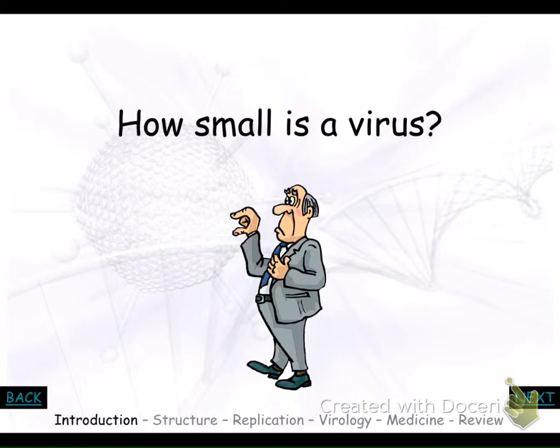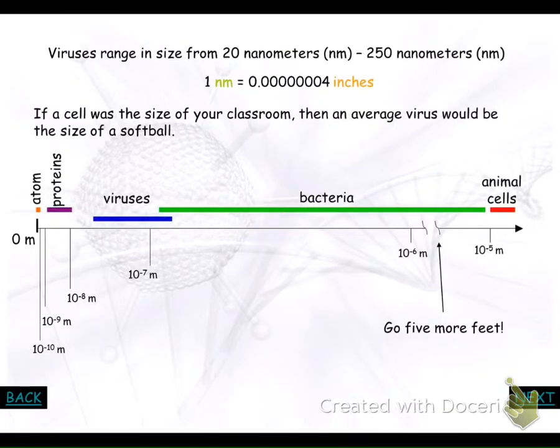So I already kind of talked about how small a virus is, but let's take a look at this. Viruses range in size from about 20 nanometers to 250 nanometers. 1 nanometer is extremely, extremely, extremely small. Look at that. Now, if a cell was the size of this classroom, then an average virus would be the size of a softball.